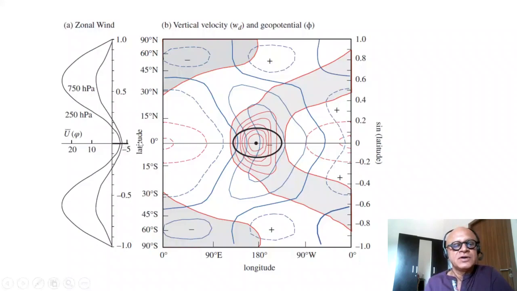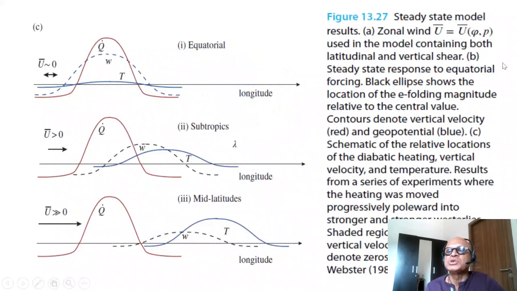This is the U-bar scale here. So if you look at the latitude longitude section, this is the sign of the latitude. What is being shown is the steady state model results, that same model that we had used before. Zonal wind used in the model containing both latitudinal and vertical shear. So the latitudinal distribution you saw, du bar dy, but it also has vertical shear.